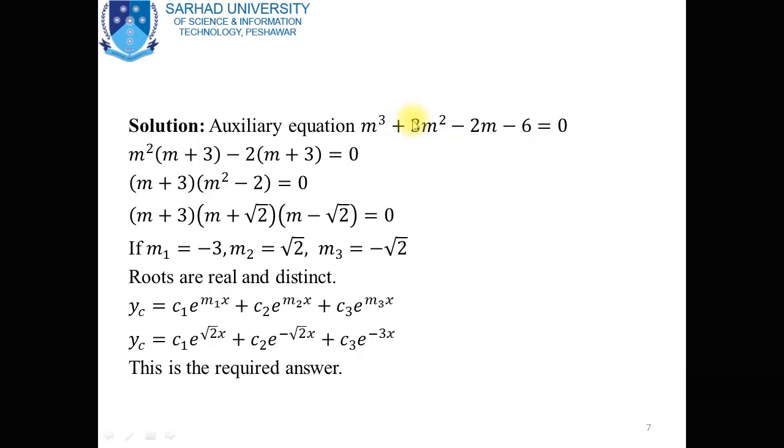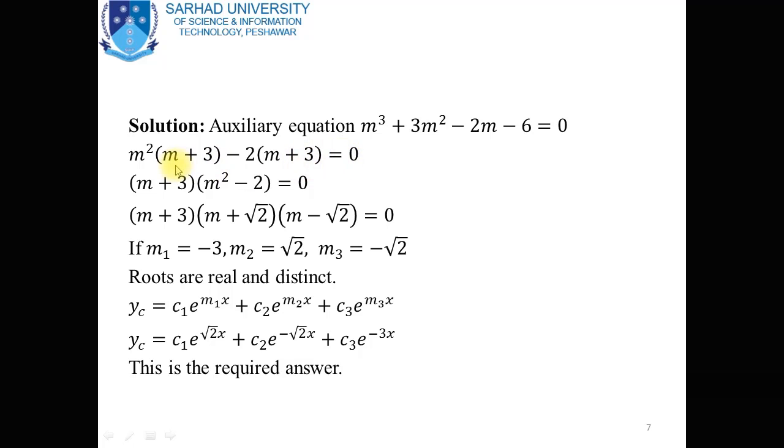Now to factorize this auxiliary equation, to find the roots, take m square common from these two terms. We can write m square into m plus 3, and taking common minus 2 from these two terms, minus 2 into m plus 3 is equal to 0.